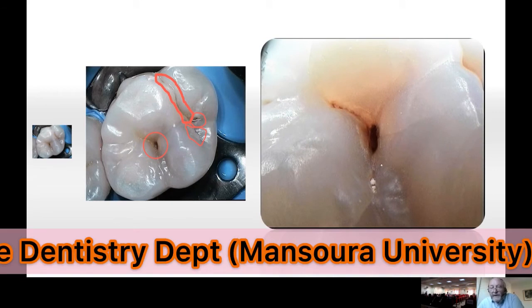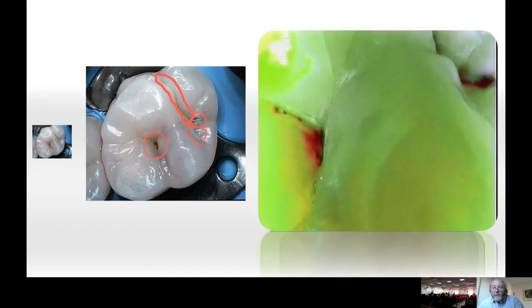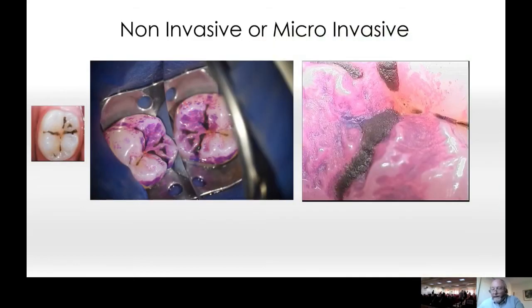Here we have detail of the point of entry of the caries in the center, and we also have information about the fissure. Then we can use the fluorescence mode to better understand if we have caries activity inside the groove, and so on. So huge information, and easy to share.